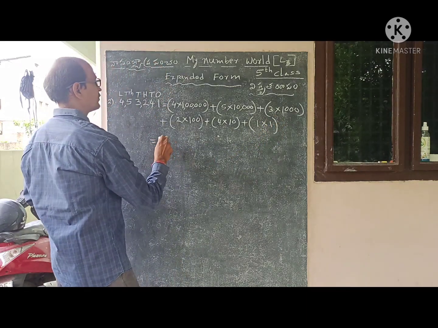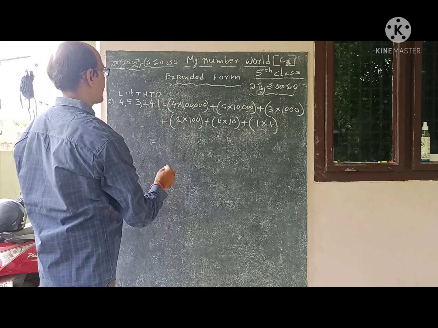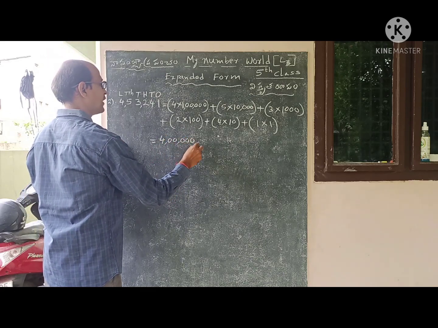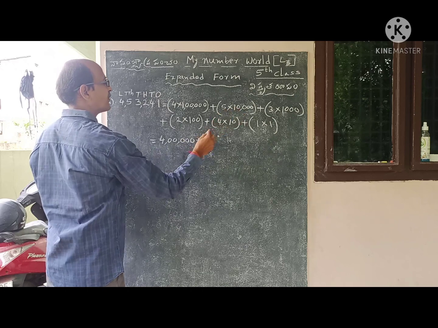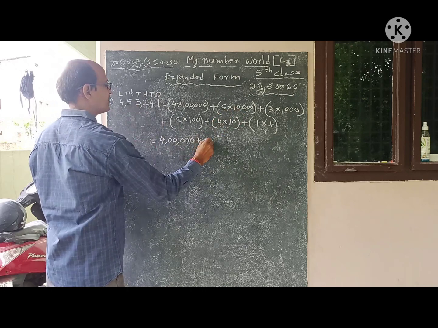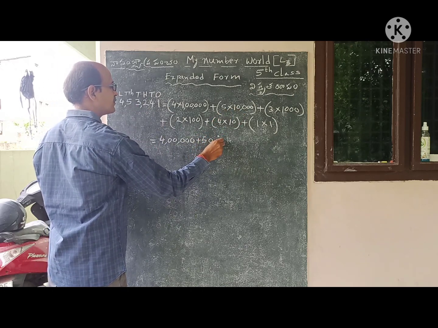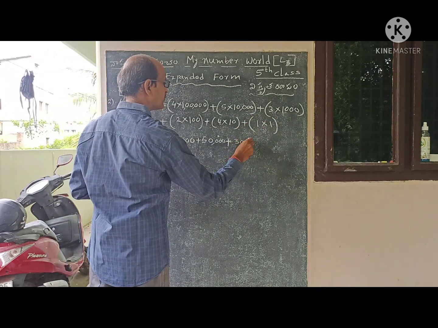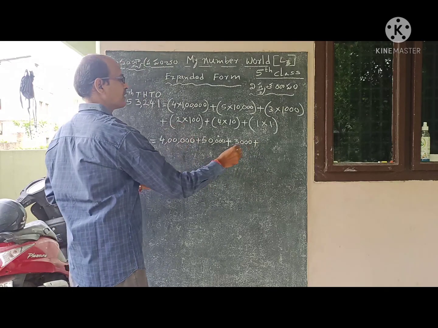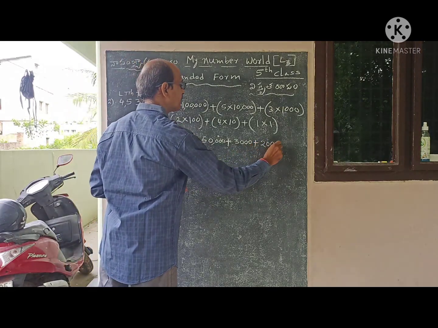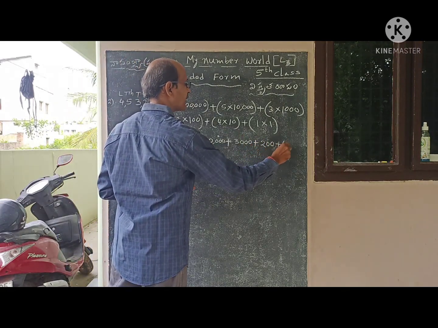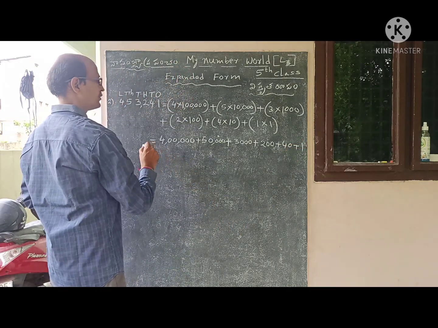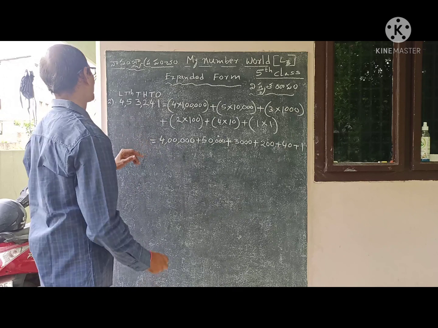Now expand: 4 into 1 lakh is 4 lakhs, plus 50,000, plus 3,000, plus 200, plus 40, plus 1. This is the expanded form of the number.